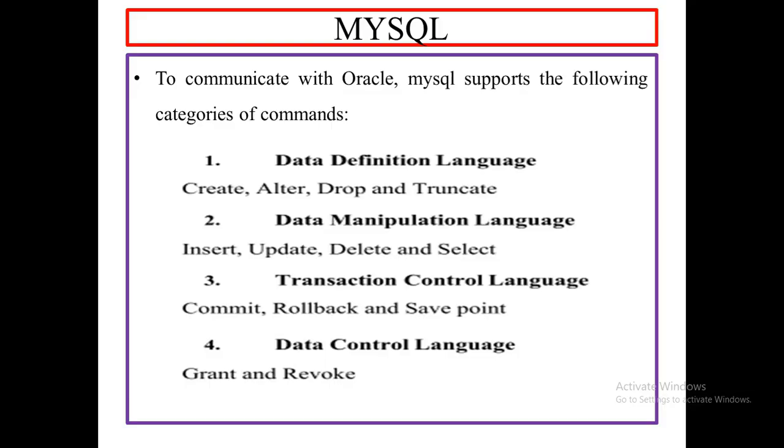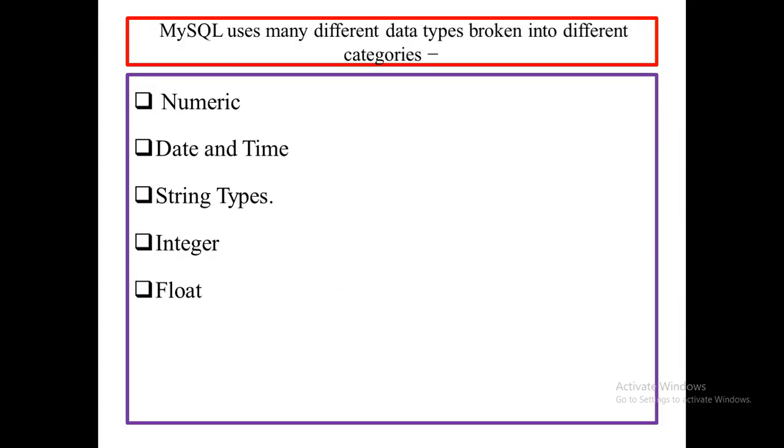And then data control language, DCL, is there. In this lecture, I'm going to show you what is data definition language, what is data manipulation language, what is data control language, and so on, one by one.